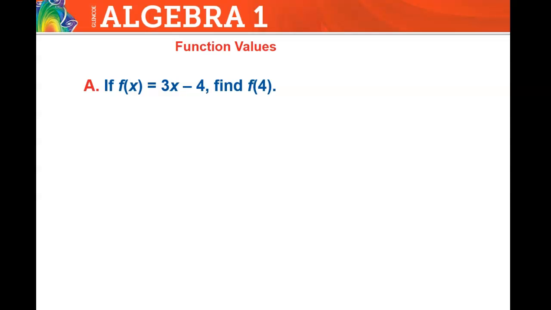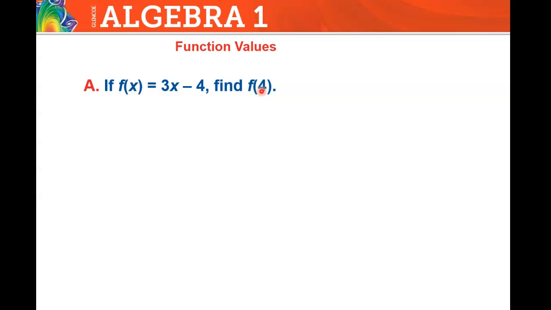And then the last new part is finding function values. So why is this so important? Well, this is important because now we don't need to create a table. We can just find a value at a point. So what this is saying is if f of x is equal to the function 3x minus 4, what is f when x is 4?